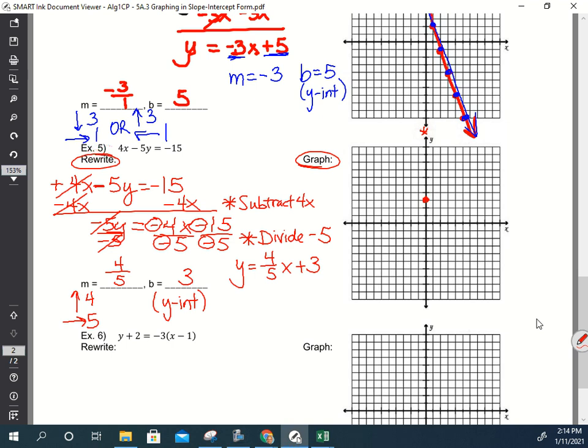1, 2, 3, 4. 1, 2, 3, 4, 5. Or go down 4 and to the left 5. 1, 2, 3, 4. 1, 2, 3, 4, 5. And then draw your line.